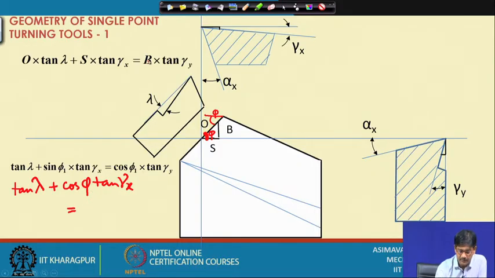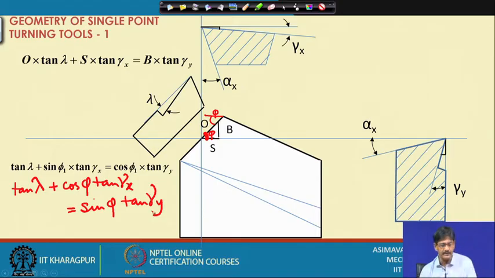Why sin phi? Because B by O is sin phi. So, we have a relation between tan gamma y, tan lambda, and gamma x and gamma y.